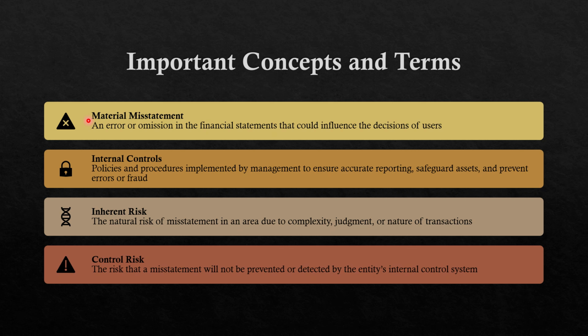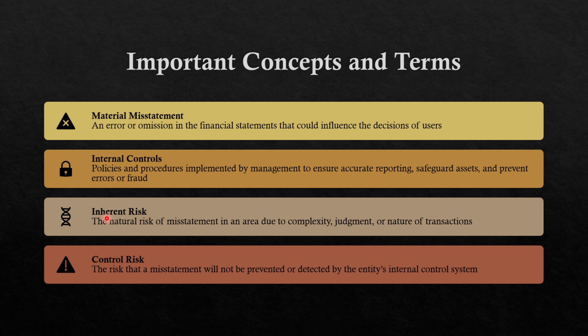So internal controls. For example, in a firm, only the finance manager is allowed to approve payments and a different employee records them. When the duty is segregated, this reduces the chance of fraud or errors. Inherent risk. For example, a company deals in complex financial instruments like derivatives.